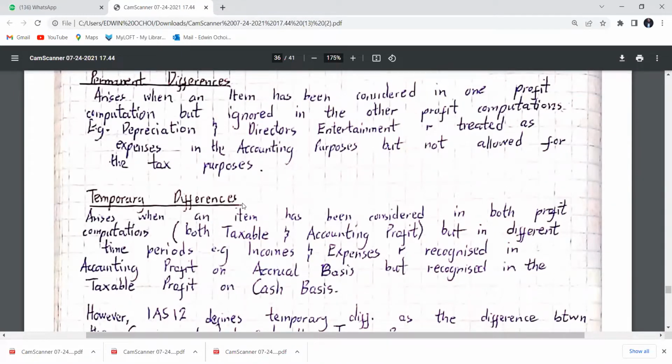When we talk about different time periods, I mean an item is accounted based on accrual basis or based on cash basis. Remember that accrual basis of accounting is whereby, like an expense, you recognize before you pay. If it's an income, you recognize before you receive that income.